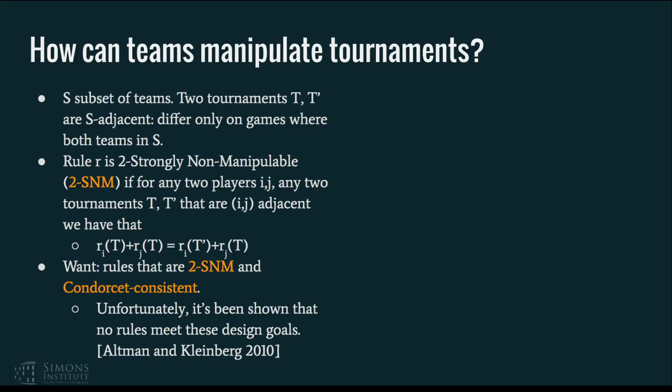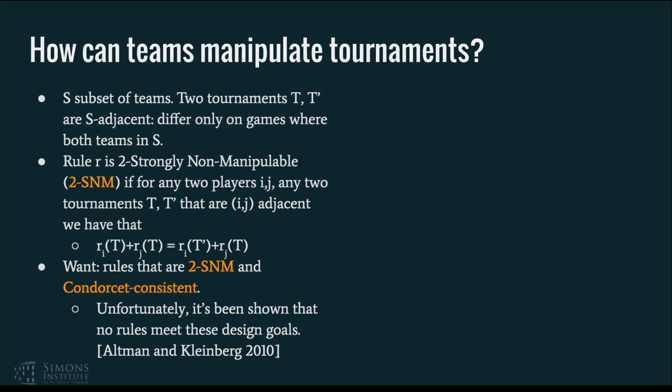We say a particular rule, a particular way of choosing a winner, is 2-strongly non-manipulable, or 2-SNM, if for any two players in any two tournaments that are adjacent by that edge, their joint probability of winning is invariant. Meaning they don't benefit jointly from the collusion. This is expressed in this condition: the probability that i and j win on tournament T is the same if j beats i as if i beats j. That's the way to think about it.